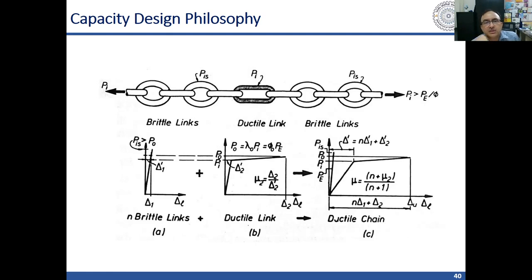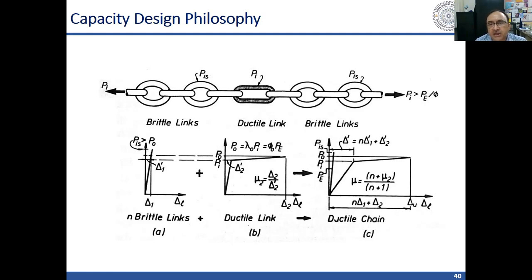This chain will fail in a ductile manner if the ductile link fails first. But if a brittle link fails first, then it will fail in a brittle manner. So whether the chain will fail in a ductile or brittle manner will depend on the hierarchy of strength of the different links.